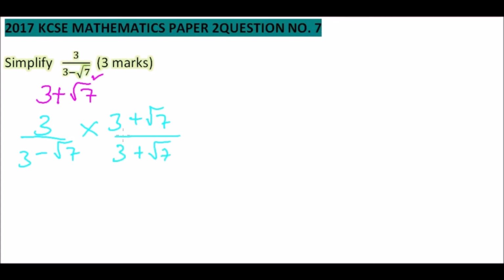So when you multiply this, you multiply 3 times 3, that will give you 9. 3 times root 7 will give you plus 3 root 7. Then for the denominator, we multiply 3 times 3, that will give you 9. 3 times root 7 gives you plus 3 root 7.